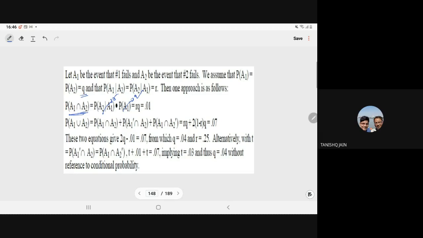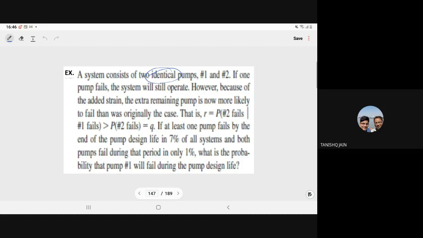So RQ is equal to 0.01. And the probability that at least one pump fails is given as 7%.